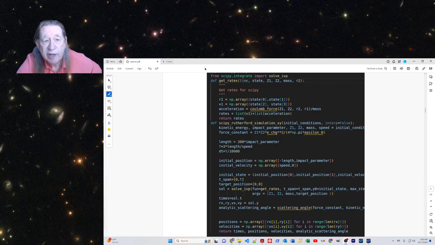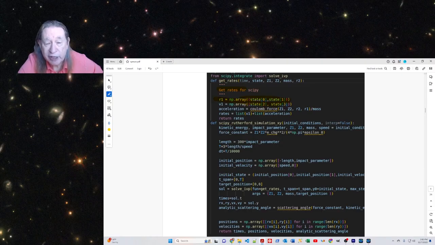I use the library called SciPy to perform the integration. Here at the top you see the function getRates. It takes as input the position and velocity of the particle.